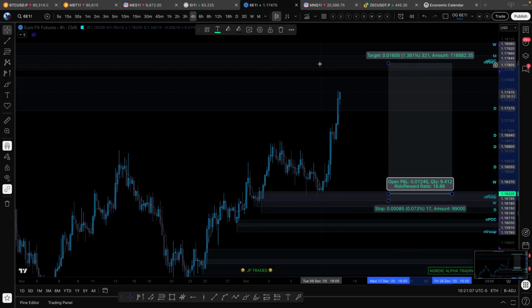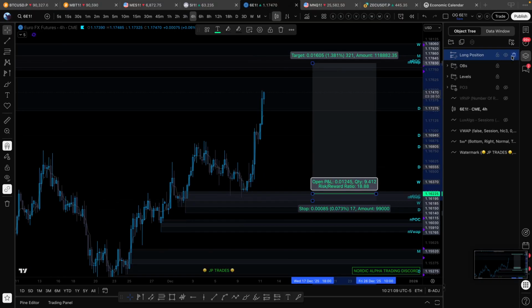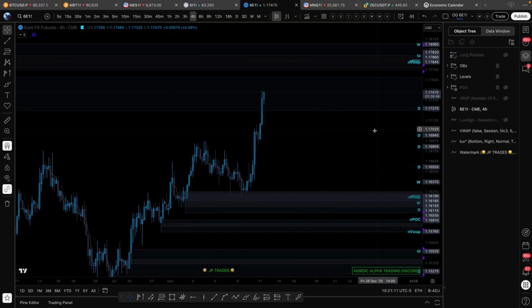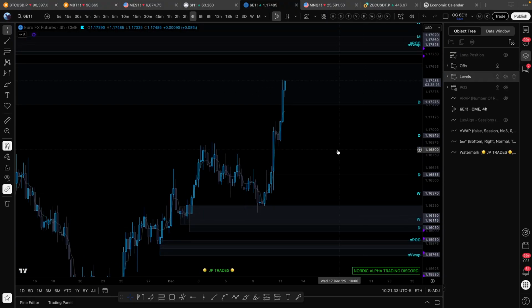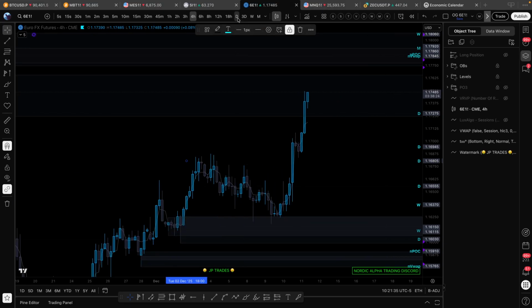Post those in the Discord. You can now hide this. And let's start mapping out some levels. I'm going to take this off of our chart now. I'm going to leave these on, the bigger ones, because it's not fully mitigated just yet, at least not for me. Not enough. So let's start here.